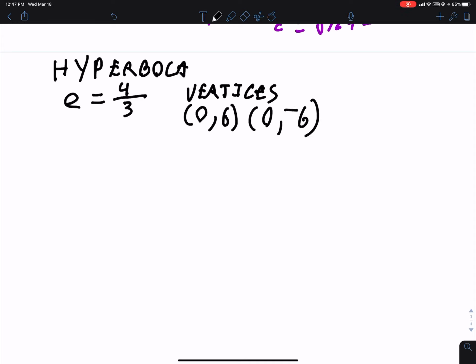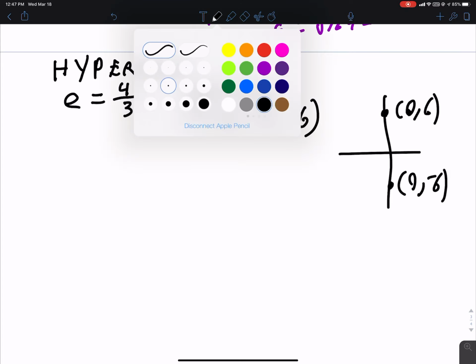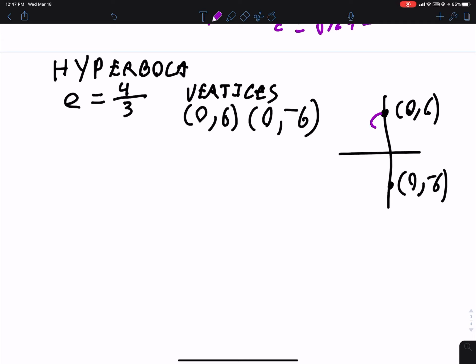All right, what is this going to look like? What does that leave us with? We are given this distance, which will be a, since those are our vertices. So a would be 6.